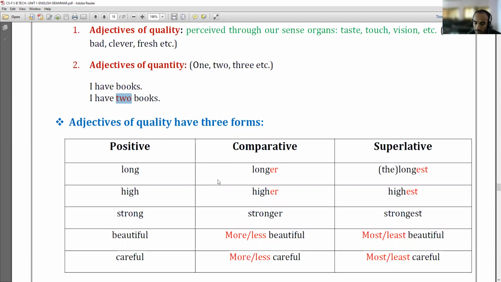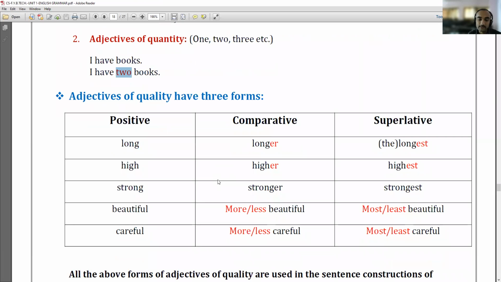And we also know that we can use them for comparison purposes in the formation of sentences of degree. आपण डिग्रीचे सेंटेन्सेस फॉर्म करताना ऍडजेक्टिव्ह ऑफ क्वालिटी वापरतो. ओके, इज इट अंडरस्टूड? समजतंय का?